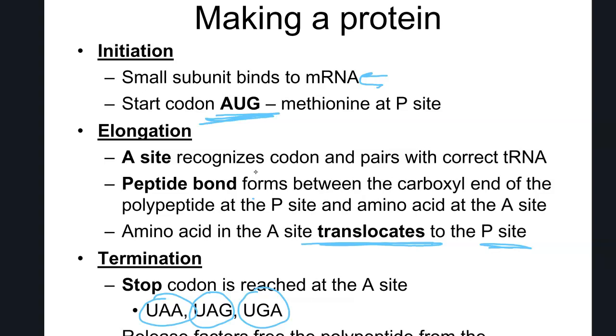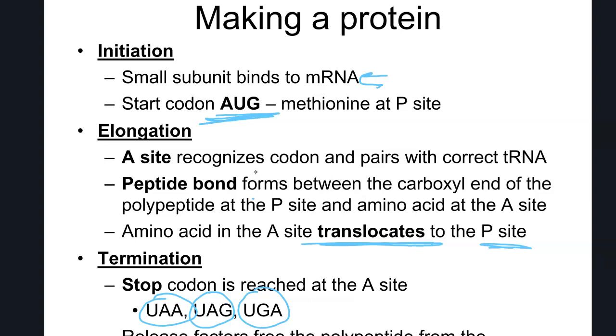So, you have initiation, right? That's your beginning point. You have the mRNA that went into the cytoplasm. The small ribosomal subunit sits in there. AUG with the tRNA comes in, right? It recognizes the AUG. The first tRNA that binds to it, when the large ribosomal subunit sits on top of that, that first one ends up in the P site of the large ribosomal subunit.